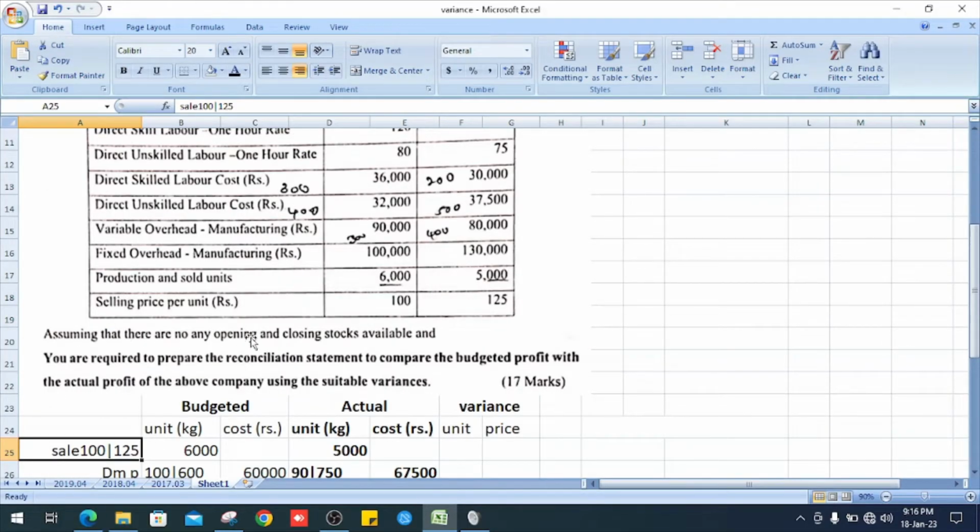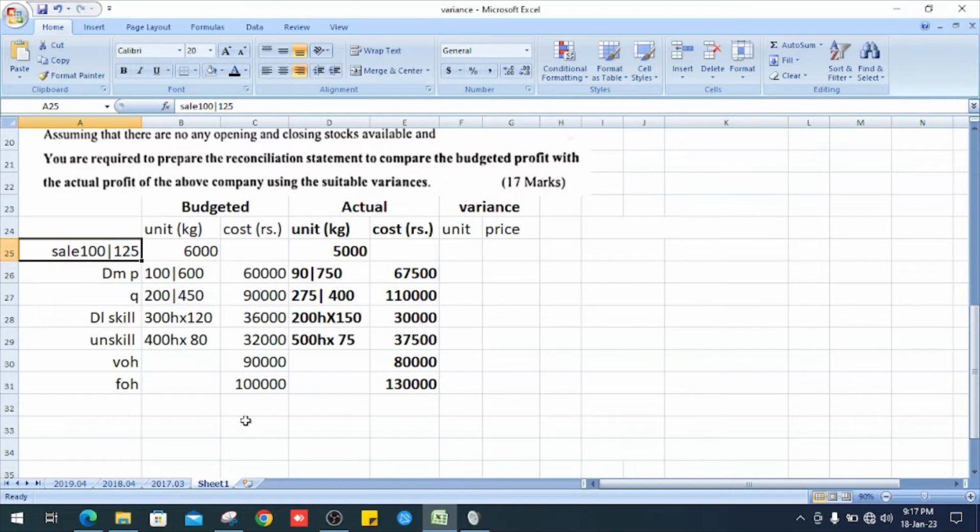Assuming that there are no opening and closing stocks available, they ask us for the suitable variance statement to compare the budgeted profit with the actual profit.